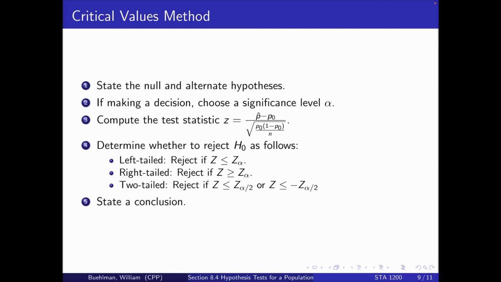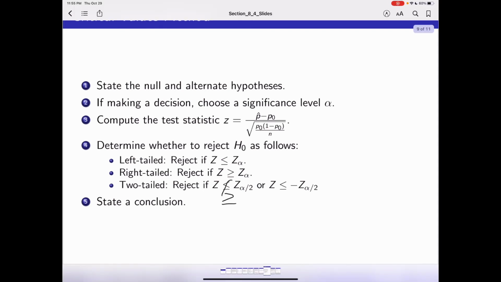If it's right-tailed, we reject if the test statistic is greater than or equal to the critical value. Two-tailed, reject if z is greater than or equal to z alpha over 2, or if z is less than or equal to negative z alpha over 2. Make sure you correct that in your notes, because I know it's wrong in your notes. And finally, state a conclusion.